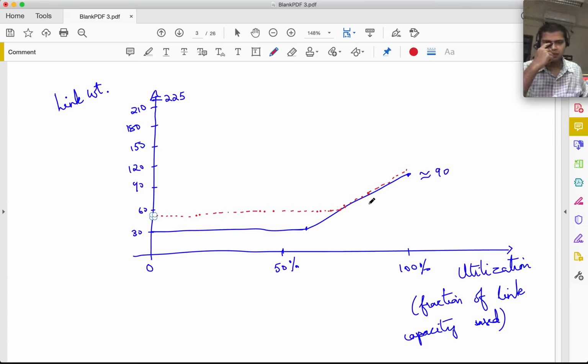They said that if you have two 56 kbps links, one is satellite and one is terrestrial, then you prefer the terrestrial one to the satellite one. And this is 56 kbps terrestrial.